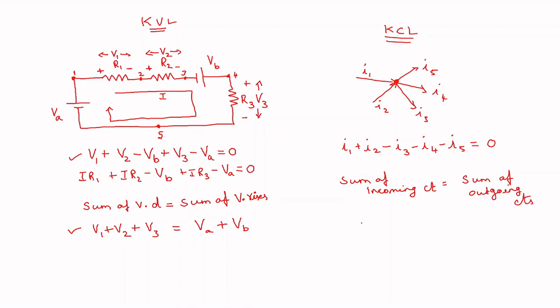So here incoming currents are I1 and I2. Outgoing currents are I3, I4 and I5. So sum of outgoing currents is equal to sum of incoming currents. Both ways, both the equations are one and the same.